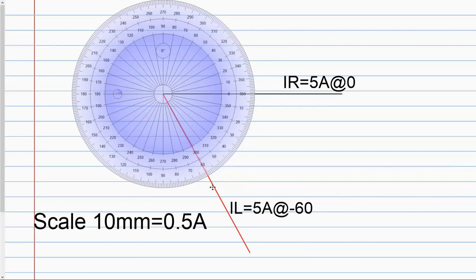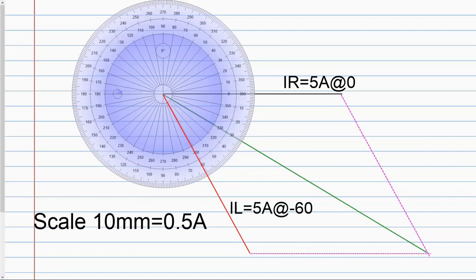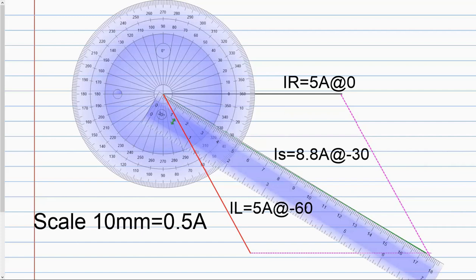So normally we want to find what the total of those two are, so we do a phasor addition to do that. So we draw in the construction lines, and then we find the result, which is the green line. So if we then measure that green line, you can see the length of it, and if we use our scale 10 millimeters equals 0.5 amps, then we come up with a total value of 8.8 amps, and you can see that the angle of the result here is about 30 degrees.